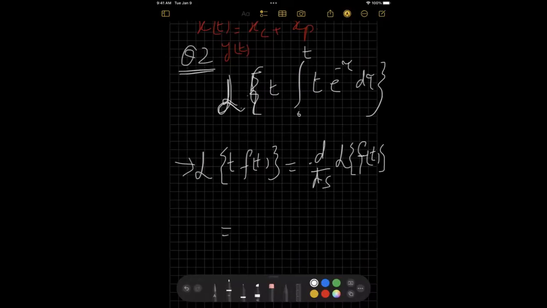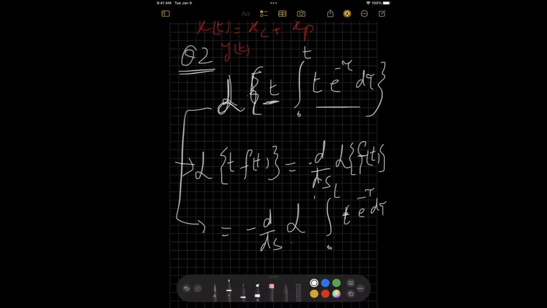So here we have minus d by ds from here. Based on this t, this is our f of t, okay? So we have Laplace of integral 0 to t, e raised to power minus tau d tau. And this t is constant, you are right, we will take it out. So I can take it out here and it comes here, fine?